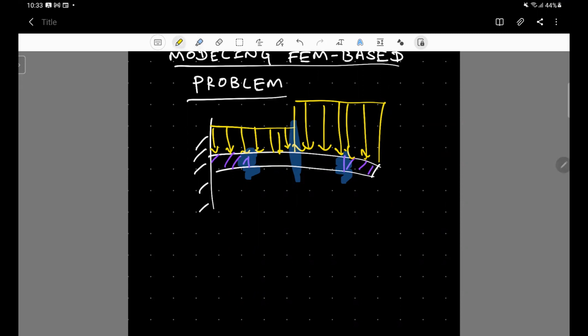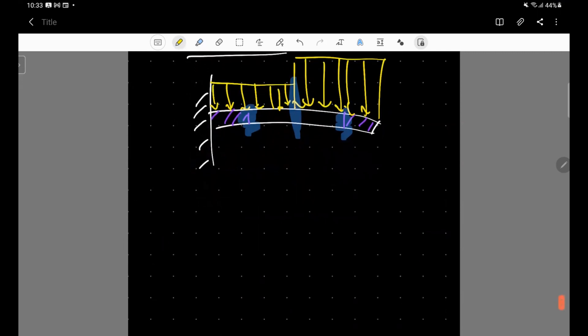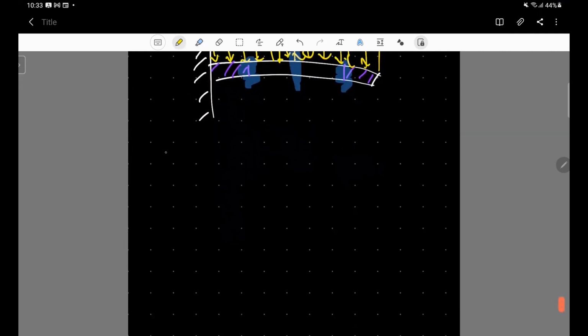So in this context, one of the important considerations is the aspect ratio and element shapes.